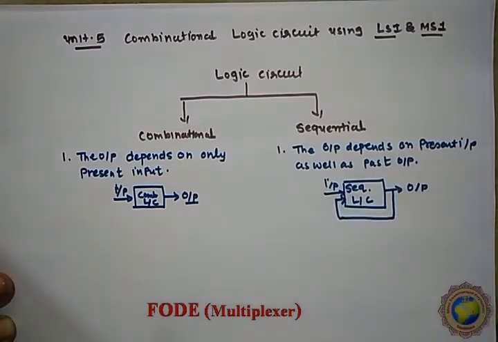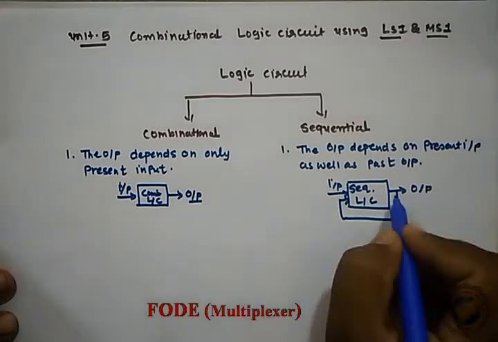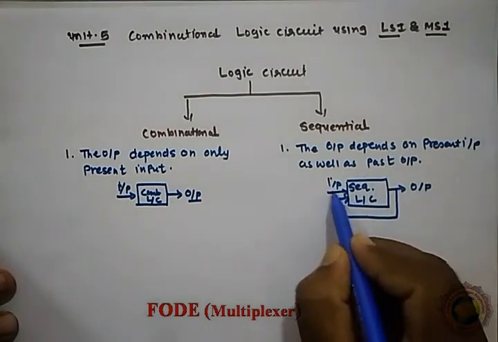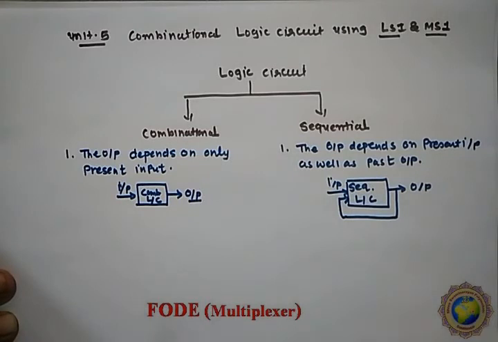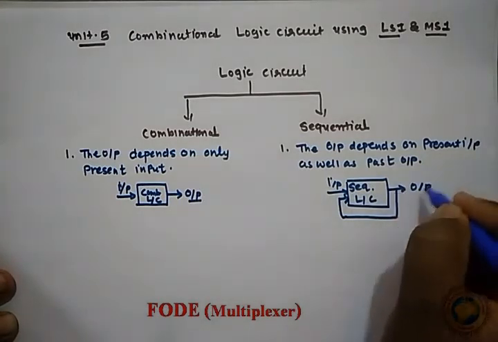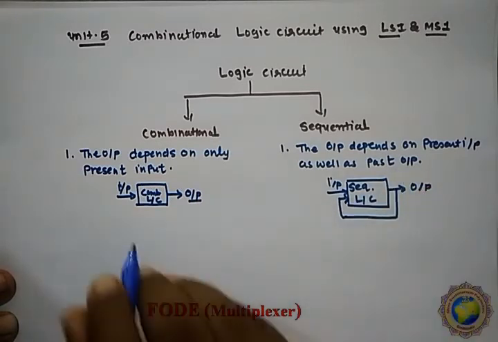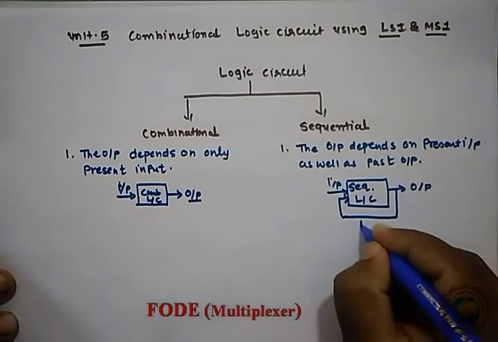Suppose you have obtained one output, and now for the next circuit you want to obtain an output. So for the next circuit, the previous output is again given to the input. This is known as feedback.